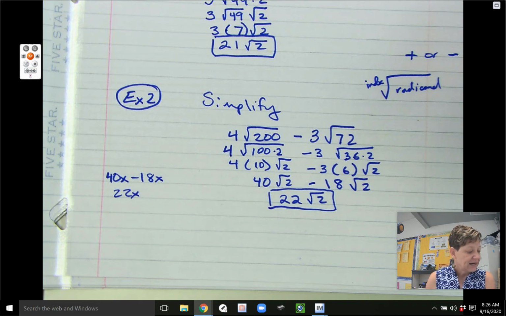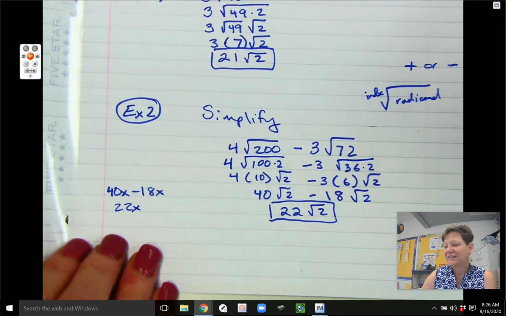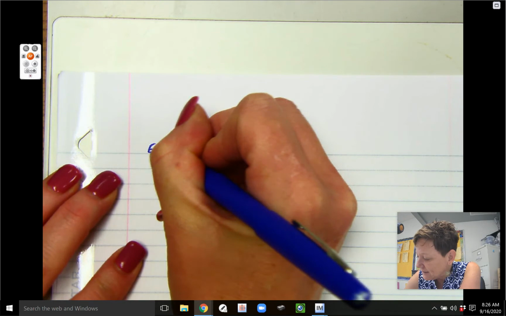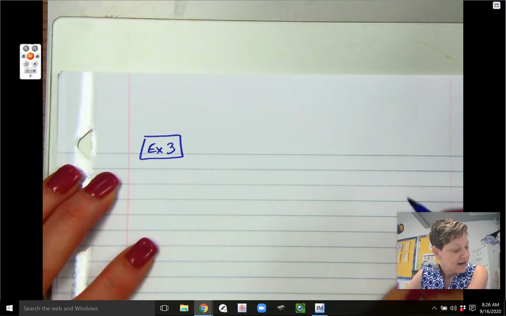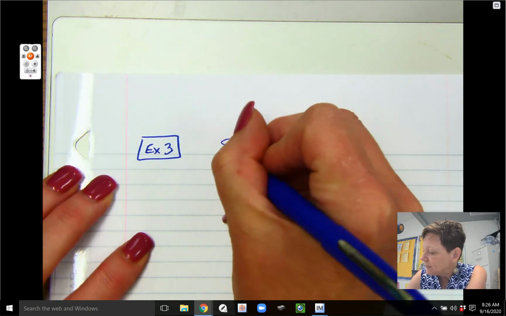All right, let's get a little more complicated since this is honors. For our next example, example 3, we're simplifying.